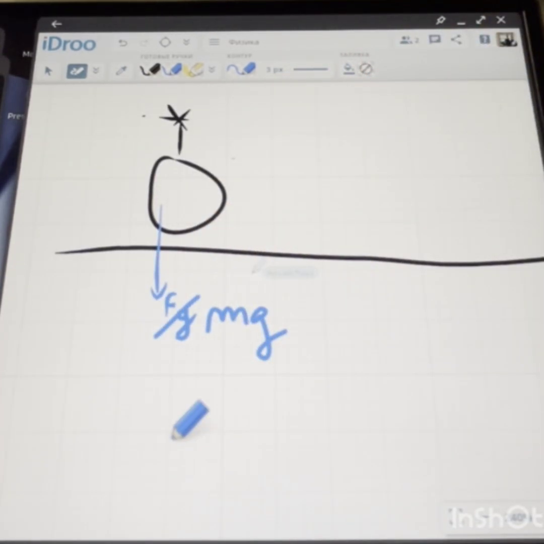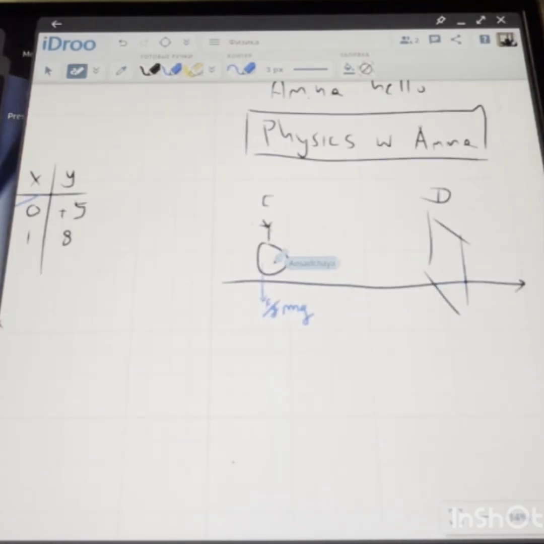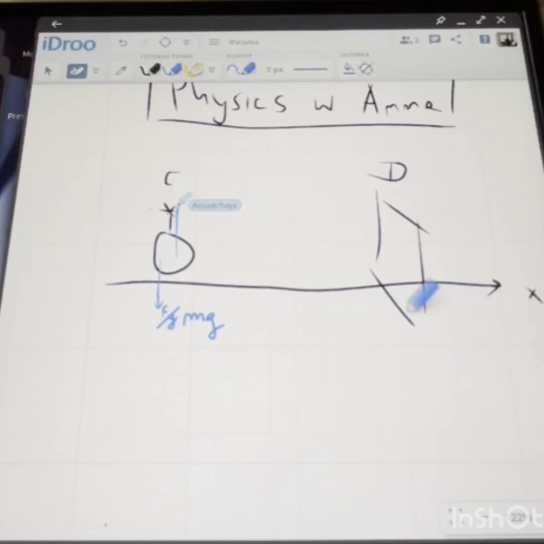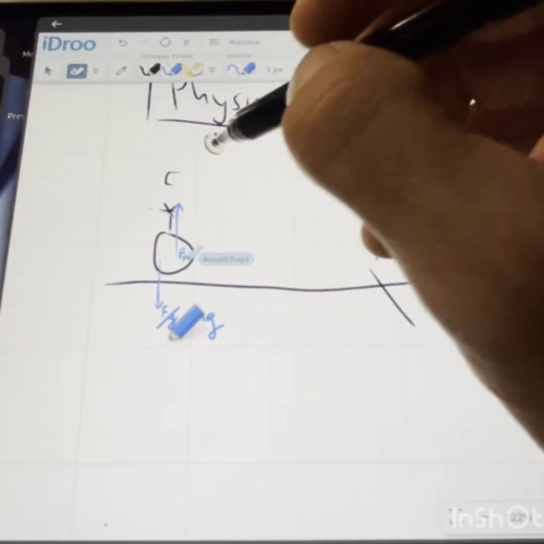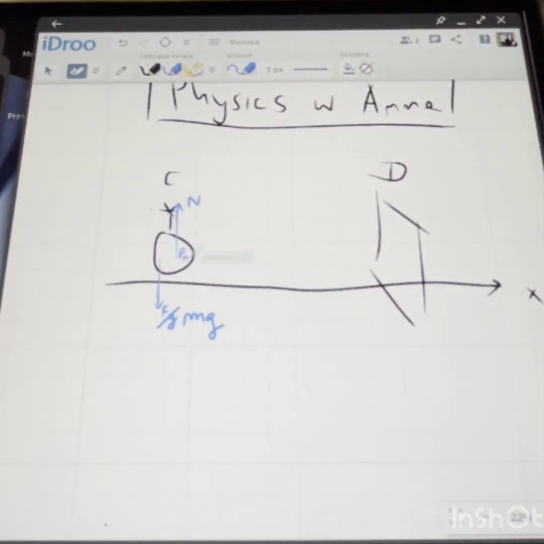Straightforward, mg. I would call the normal force N, but it doesn't matter.